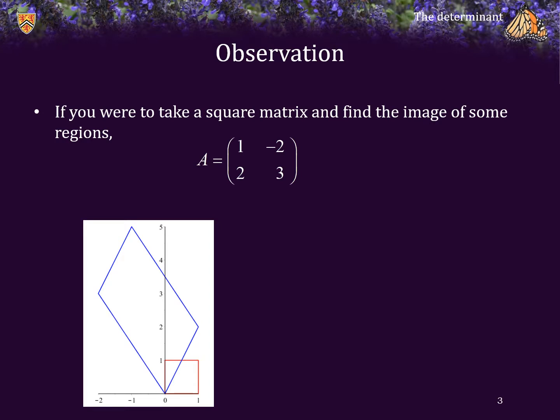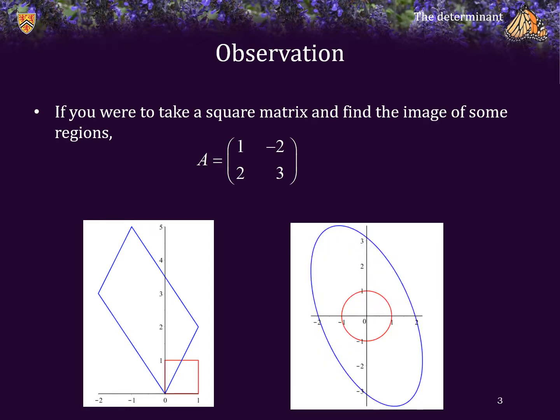If I map every single point in that region by this matrix, I get the parallelogram that is in blue. The ratio of those areas, if you were to calculate it, is 7. So the blue parallelogram is 7 times the area of the unit square.